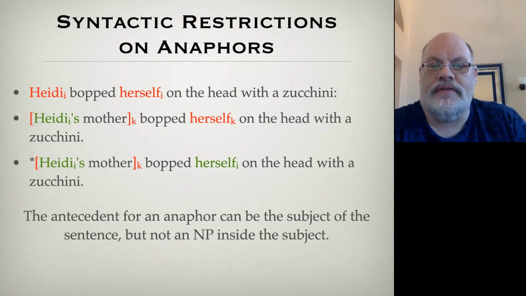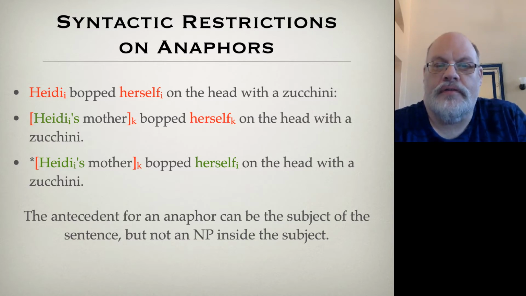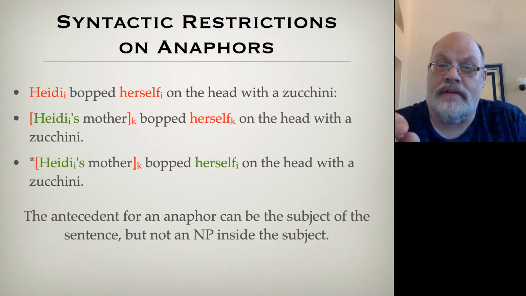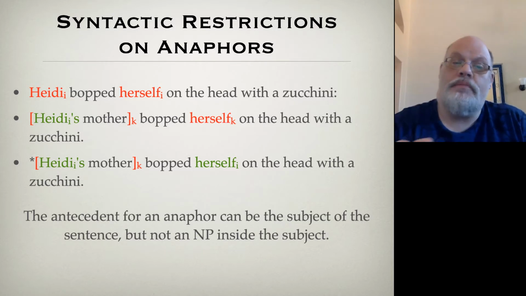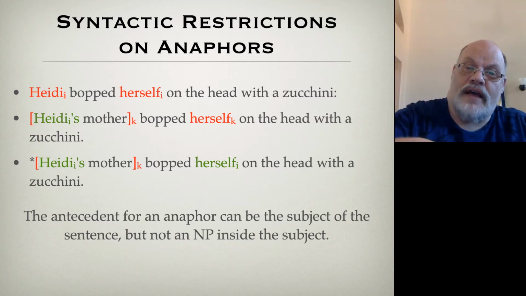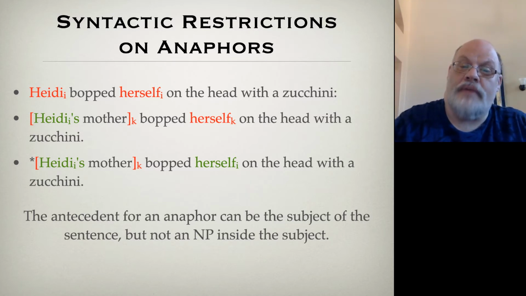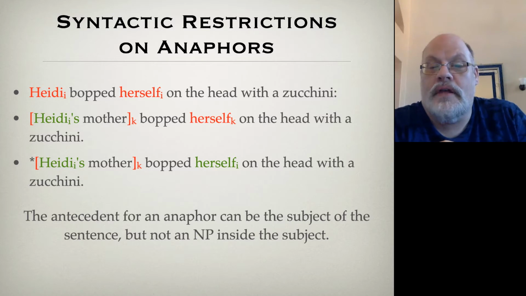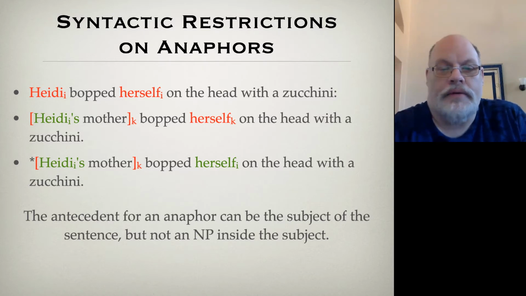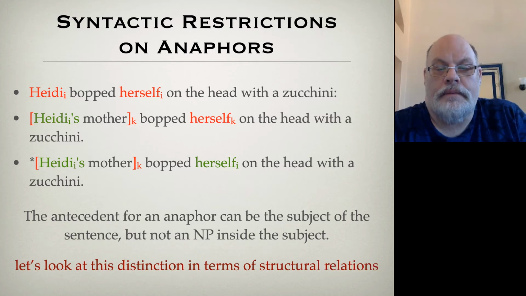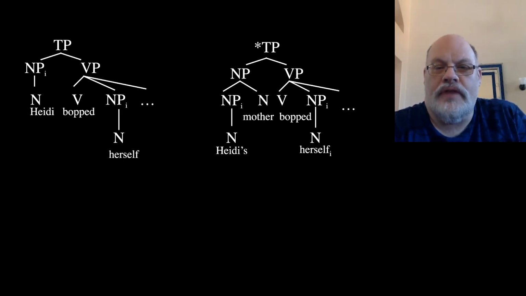So that's what the sentences here show you. Heidi, in the first sentence, can be the antecedent for herself. They have the same index, and the sentence is fine. But if you embed Heidi inside of the subject, making it Heidi's mother, then the co-indexation between Heidi and herself is not allowed.